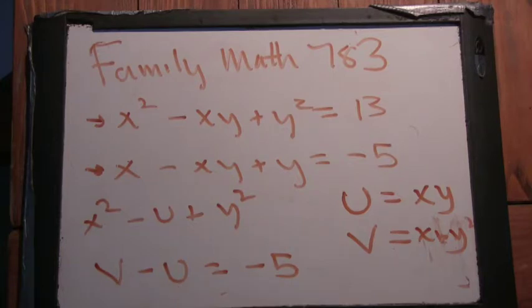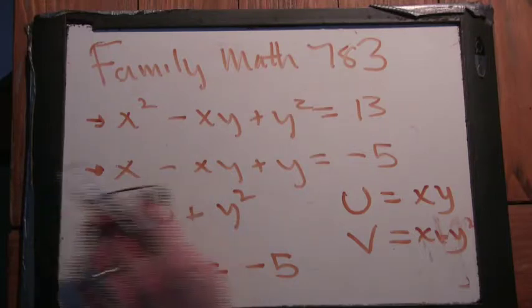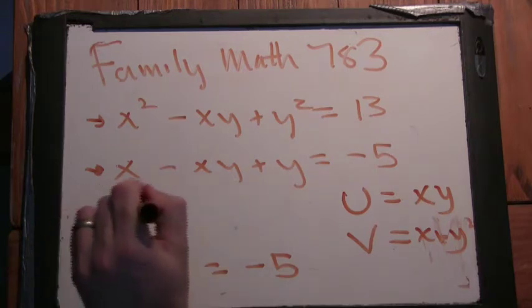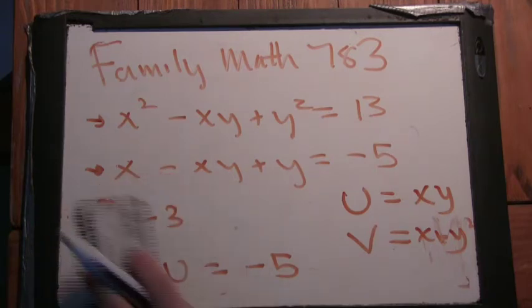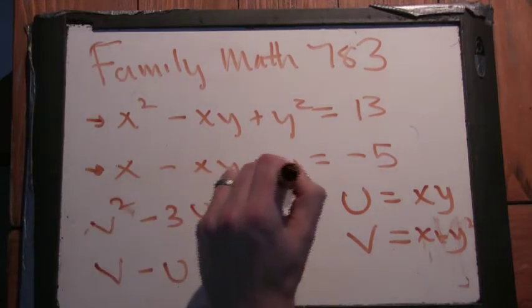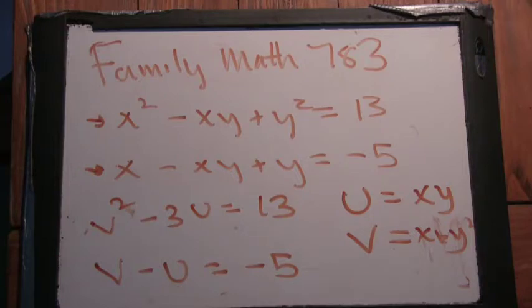So it's going to become v squared minus 3u. Okay. V squared minus 3u equals 13. Okay. What can I do here?